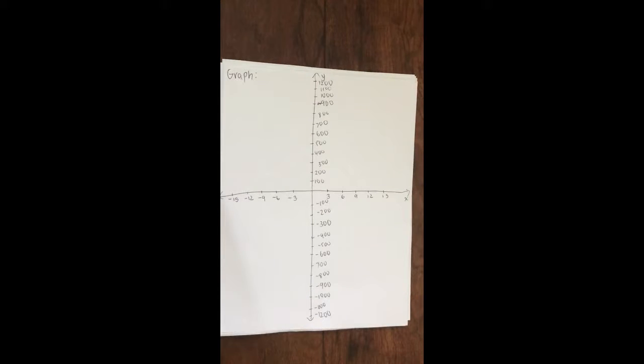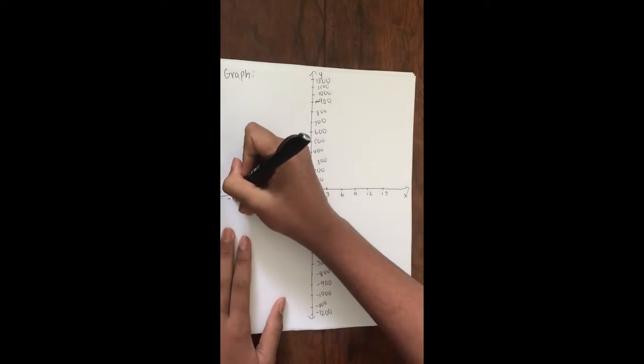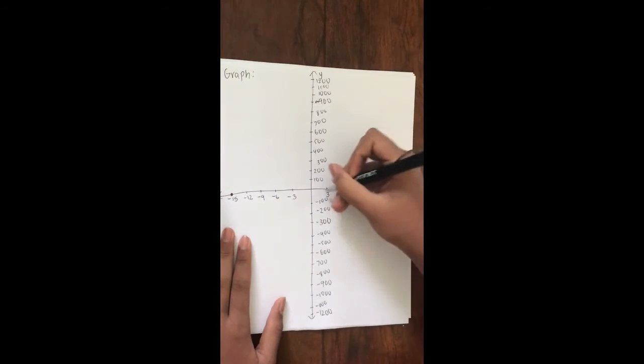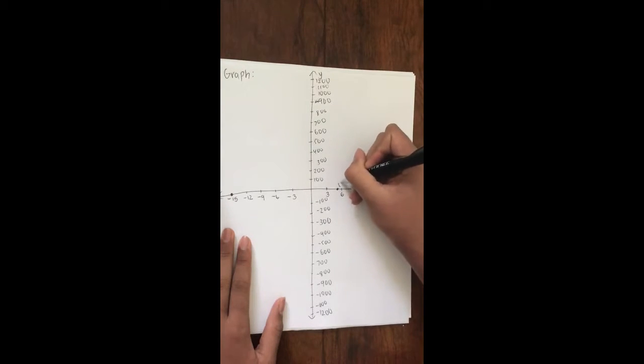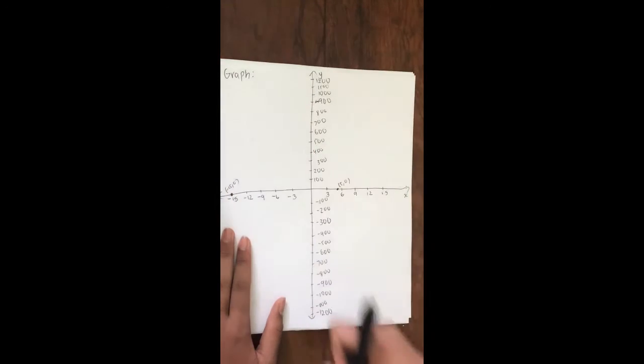Alright, so now we have our points for the graph. Now it's time to graph the function. Our zeros are 5 and negative 15. So that's over here, this point, and 5 is about over here. So that's 5 comma 0, negative 15 comma 0.